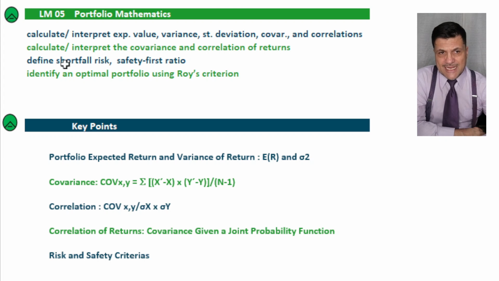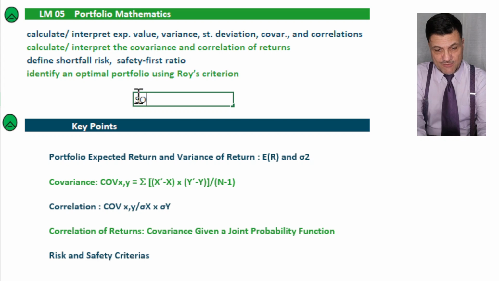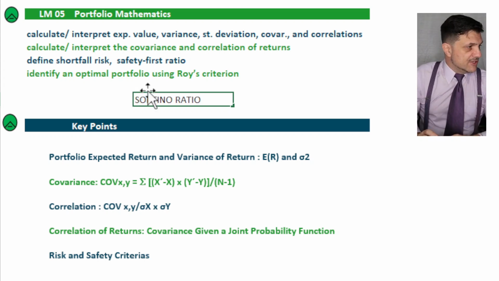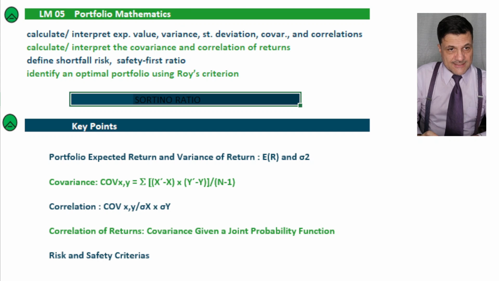Let's talk about that. Shortfall risk is the risk of the values being below the expected value. In portfolio management, you're going to learn about the Sortino ratio. I'm just going to mention the Sortino ratio here. It's a ratio that focuses on the downside deviation.